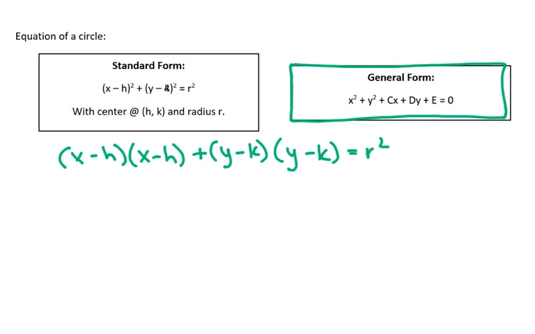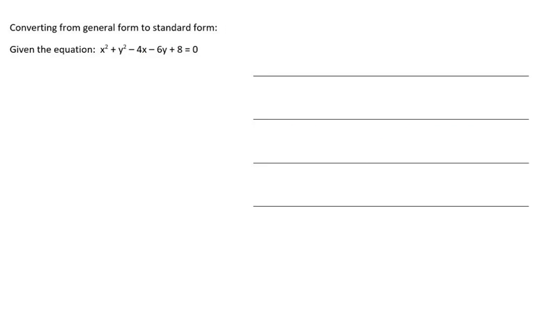And you go through and you double distribute your x minus h's, you double distribute with the y minus k, and you simplify, you bring your r squared over and rearrange the formula to get to the general form.